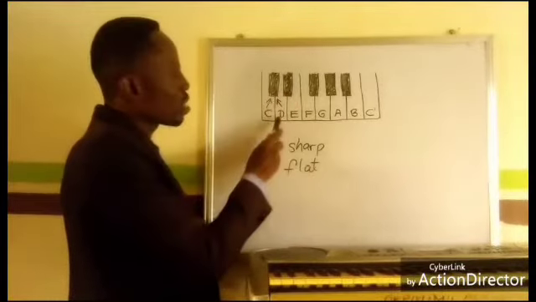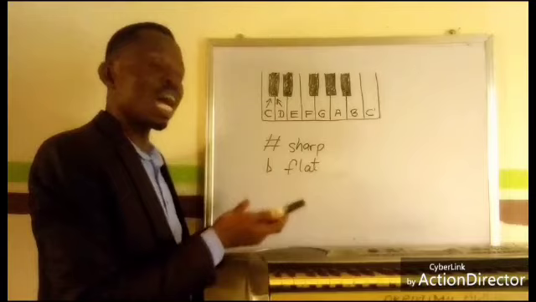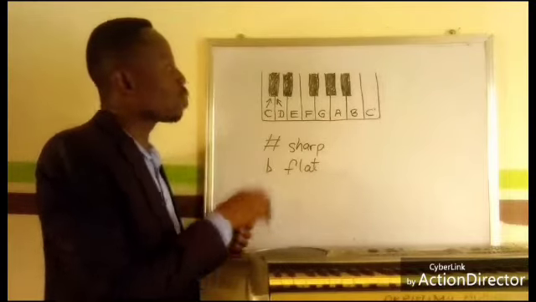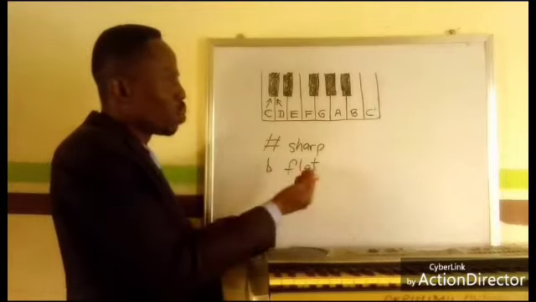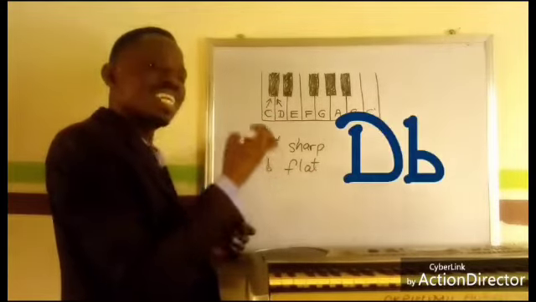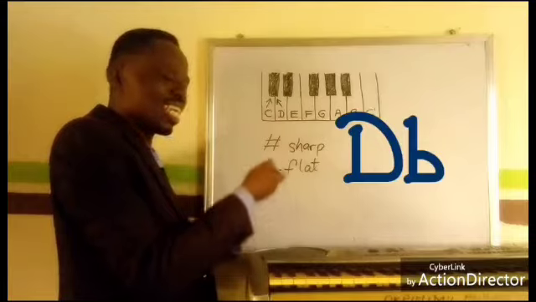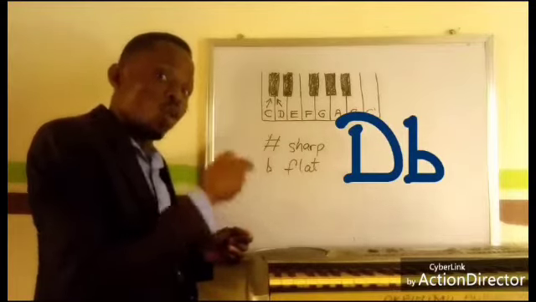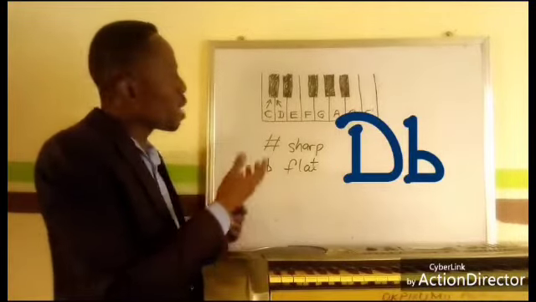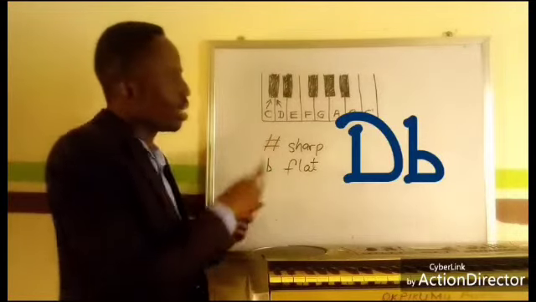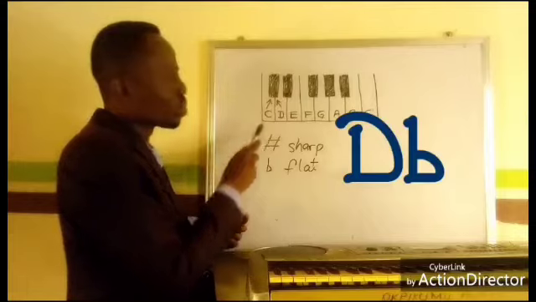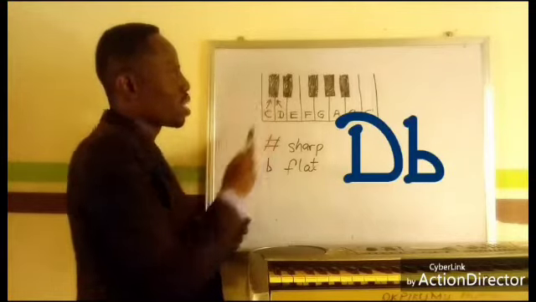If a flat is placed on D on the staff, then instead of playing or singing D, you play D flat. You play the note that is a semitone lower than D. And where is that note? What note is a semitone lower than D? It is this same note here. So we come back, and this becomes D flat.